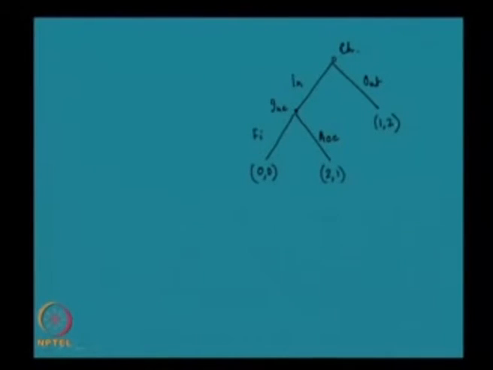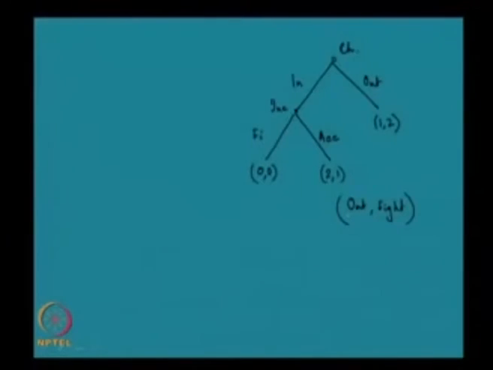And in this game we have seen that out-fight was a Nash equilibrium. The question is, is this a subgame perfect Nash equilibrium? And the answer is no. The reason is that here, the terminal history generated by this strategy profile is this, out.